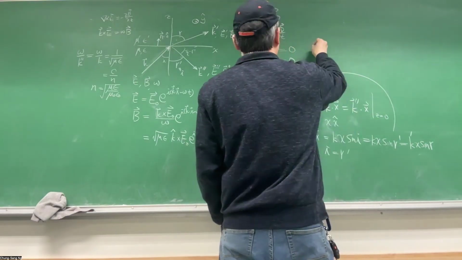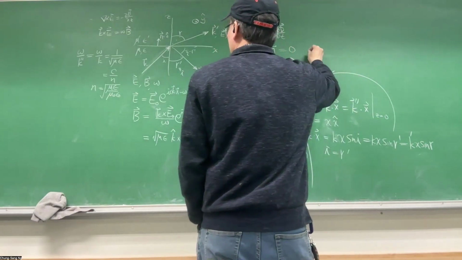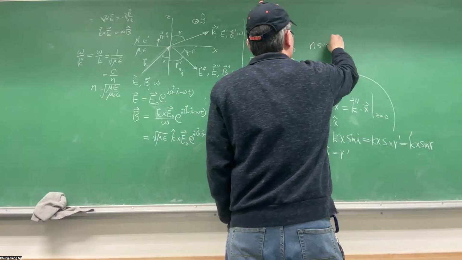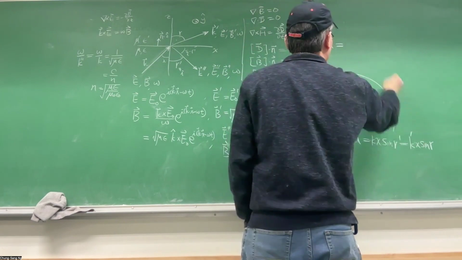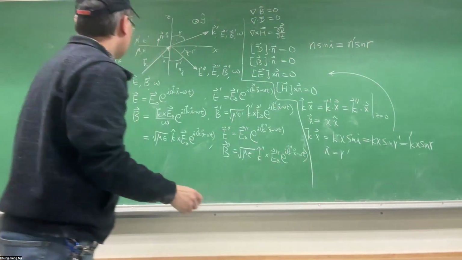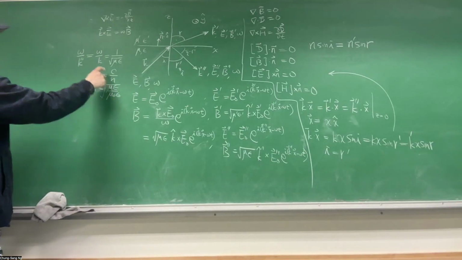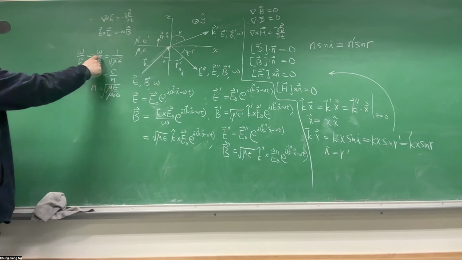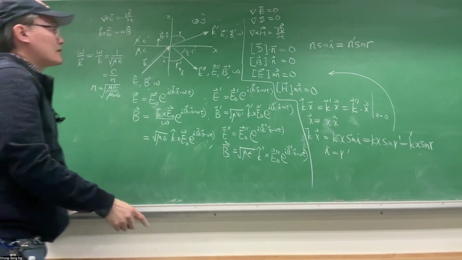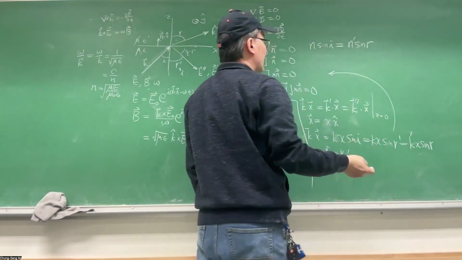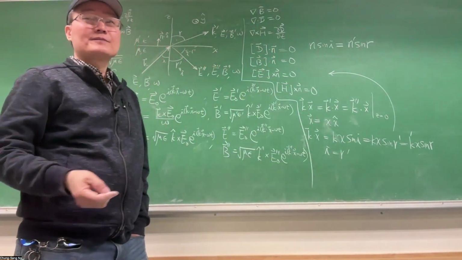So this is proportional to n, and so n times sine I is the same as n prime sine r. You see that's k from this equals that. So k is proportional to n, and the rest are the same for both sides, omega and c. So you see n sine I is n prime sine r. So this is Snell's law.